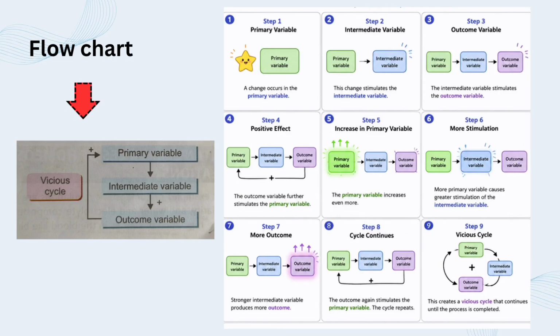So this creates a vicious cycle that continues until the process is completed. In this image you can see plus signs that indicate stimulation of the variable. So this is how the positive feedback system works.